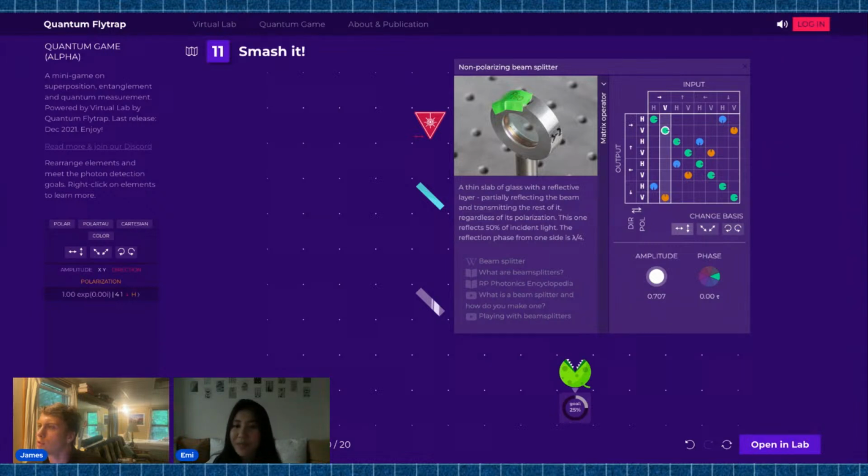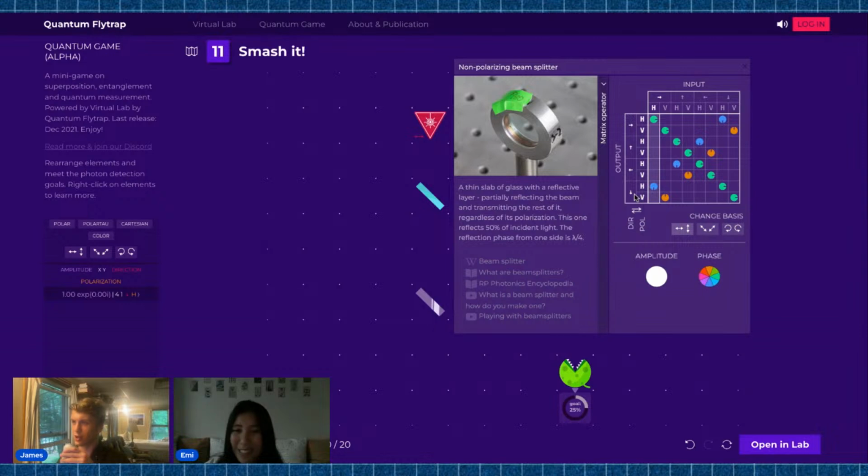It looks like the diagonal is the part that's going through. Like the green ones are the part that's going straight through, and then the other colors are the part that's getting pushed off to the side, if you know what I mean. I think so.